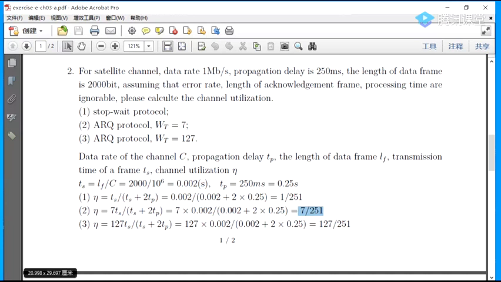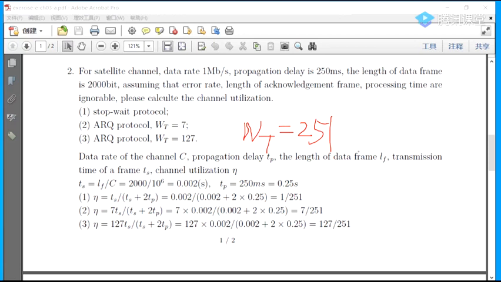So it is 7/251. If WT is 127, it becomes 127/251. Somebody asks: if WT is 251, what is the utilization?